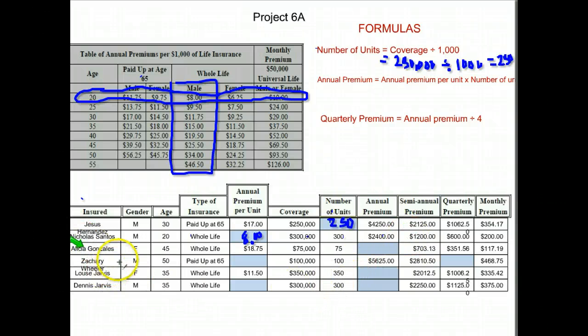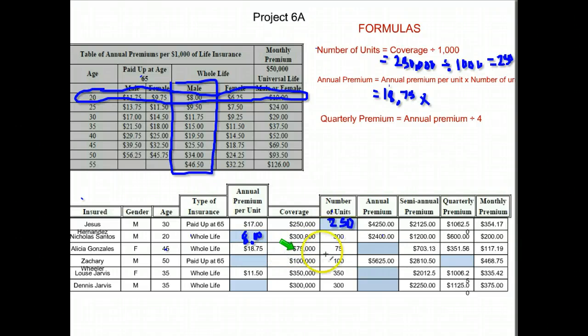Next we have Alicia Gonzalez. She's female, 45 years old, and she wants whole life. They found the number for us. It's $18.75 per unit. They want to know what's the annual premium. Well, remember, to find the annual premium, you take that number per unit, $18.75. Again, we have a formula up here for you. You take that times the number of units.